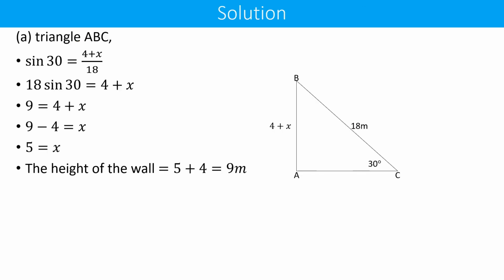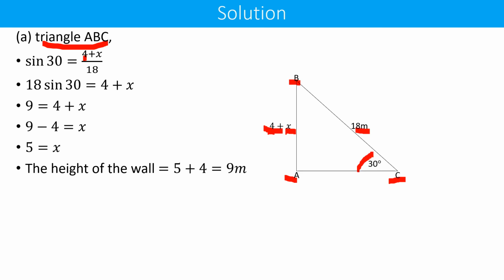So A, we have to find the height of the wall, and know that the ladder, using triangle ABC, slips 4 meters. And from where it remains we label it x. The total distance AB will be 4 plus x. The length of the ladder is 18 meters, and the angle is 30 degrees.